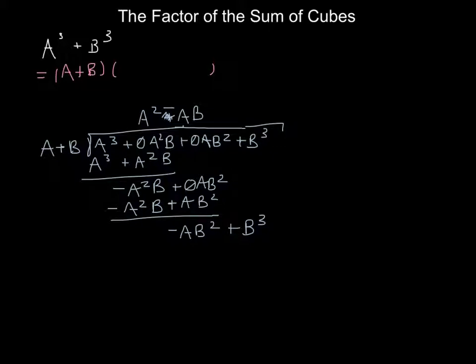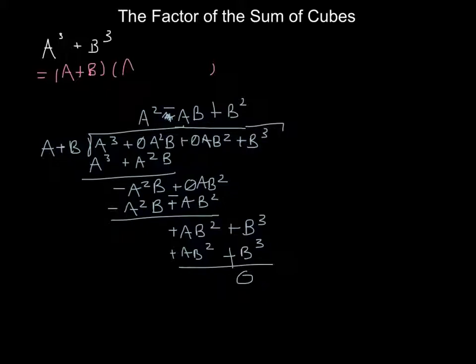So here I will have to have minus b squared. Oops. Sorry, this should have stayed negative, which means this is positive. Plus b cubed, so that does leave us with 0, which means it is in fact a factor.